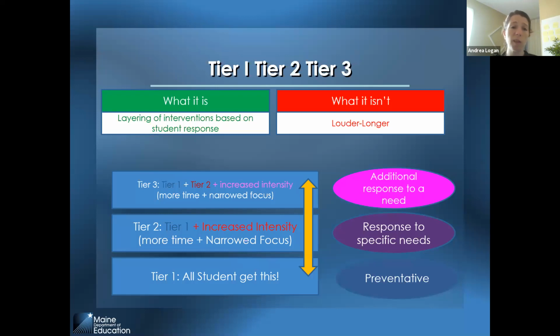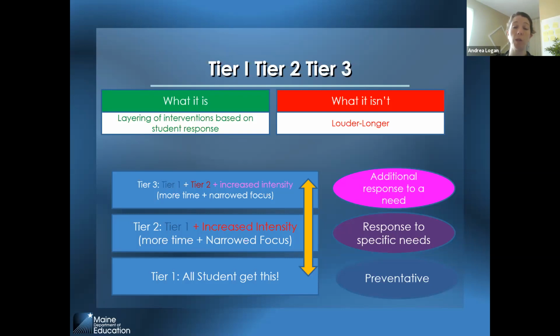And then each school is going to be different depending on the socioeconomic makeup of that school. There are going to be schools where Tier 2 actually looks more like Tier 1 because of the level of need that happens in that school. And that's okay. That just means that the ingredients that make up that school have a baseline where 80% of the children need that Tier 2 setting.